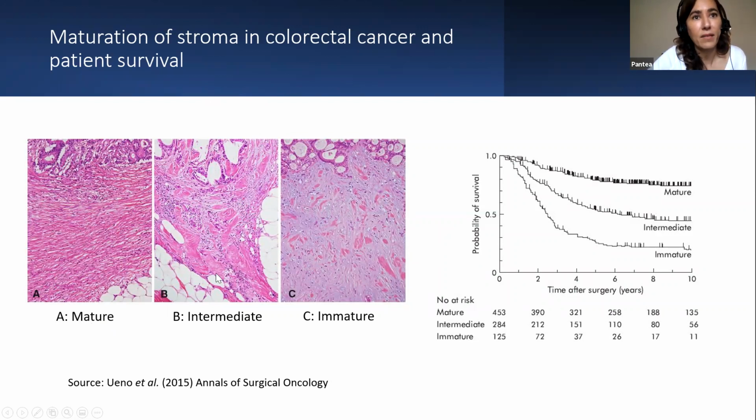Then you have this intermediate phase and this immature phase. In the mature phase, the fibers are longer and more stringy. In the intermediate phase, they're becoming more like clusters. And here it is in the mature case. If we look at this probability of survival, we can see that there's a significant drop from mature to immature.